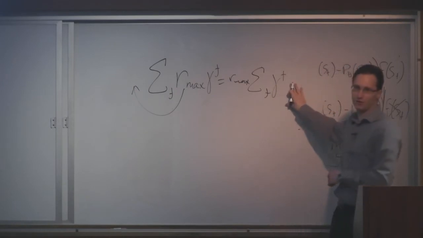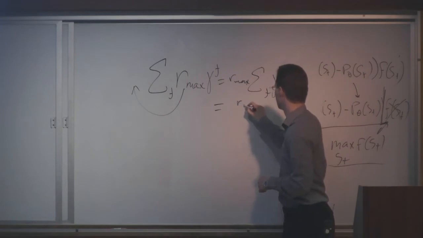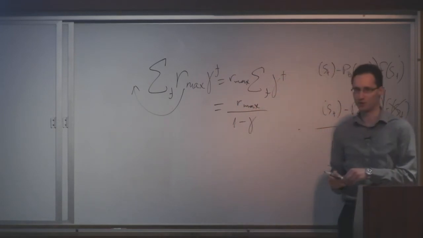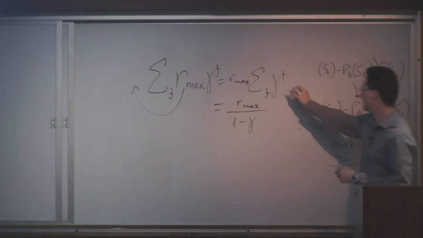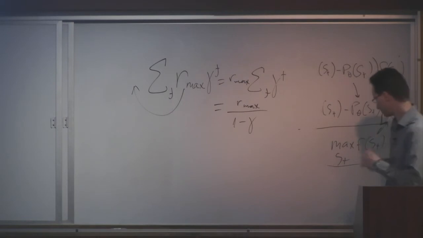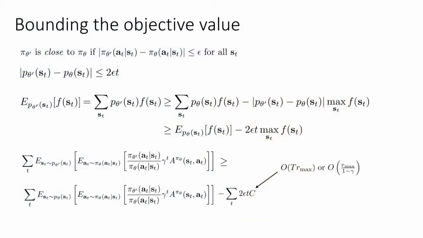And there's actually a very convenient formula for doing this, and the formula gives us r max divided by 1 minus gamma. This is a formula you can look up in a textbook if you'd like. If you have a sum of gamma to the t, it's just 1 over 1 minus gamma. So in the discounted case, it's on the order of r max divided by 1 minus gamma.